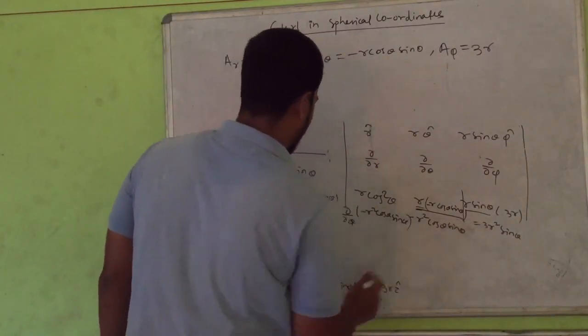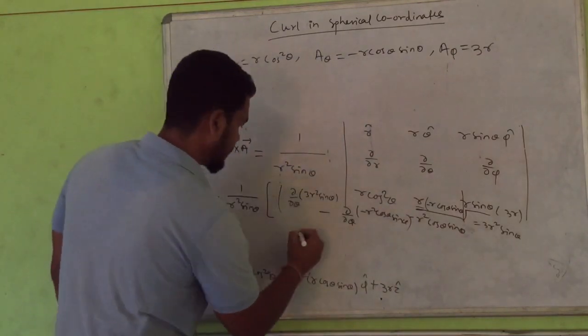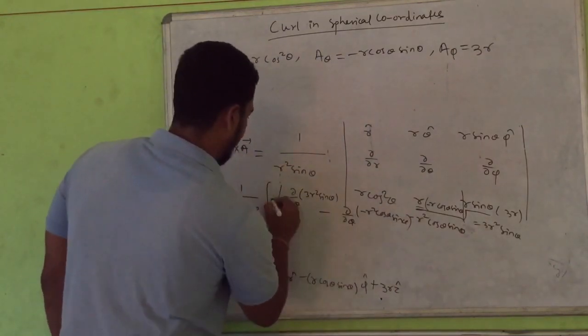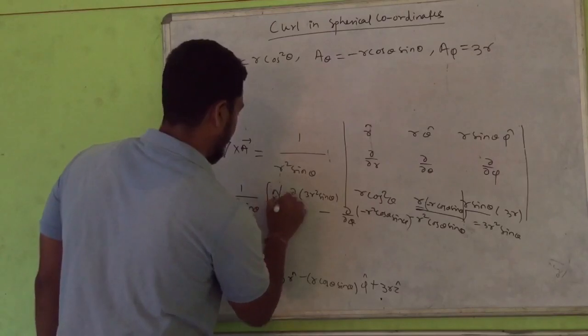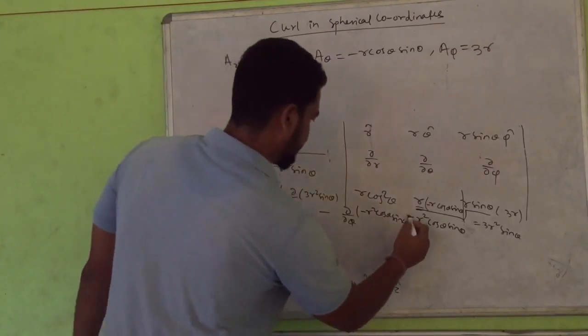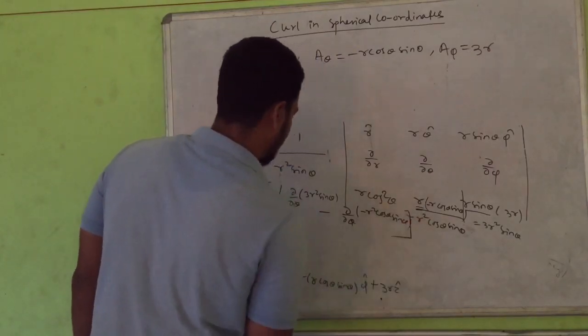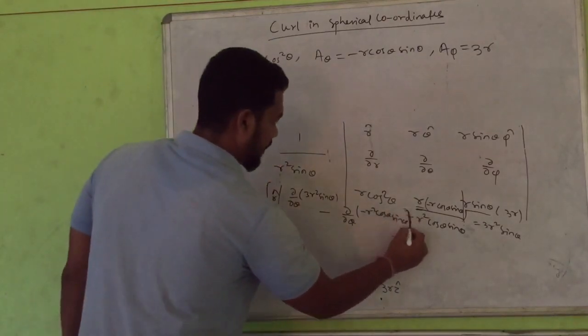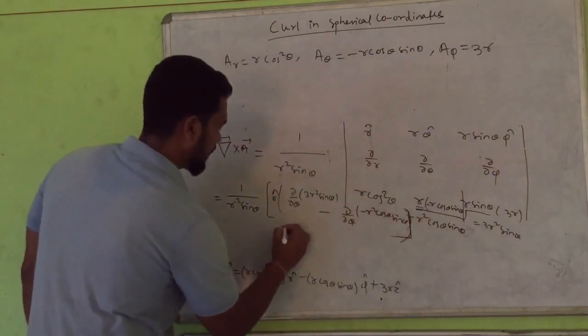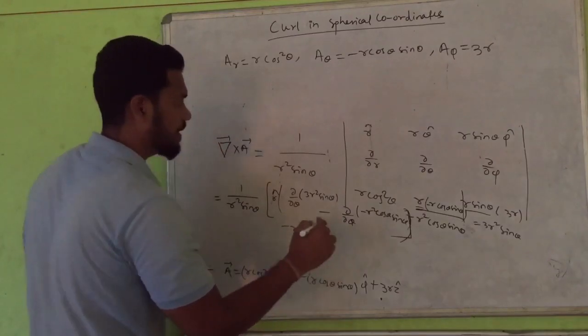Similarly, you can write other two terms as here minus r cube. So this is your first term. Then your second term is minus r theta cube.